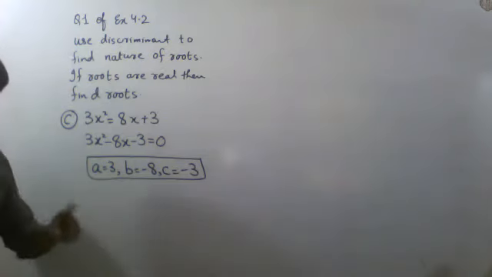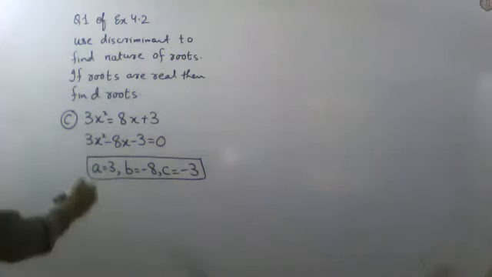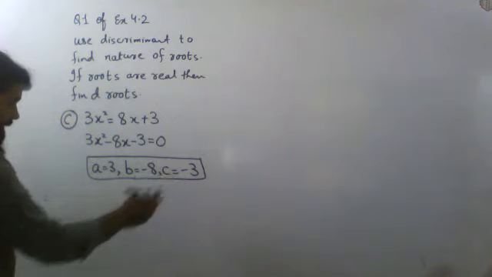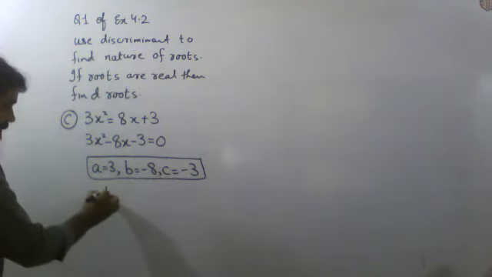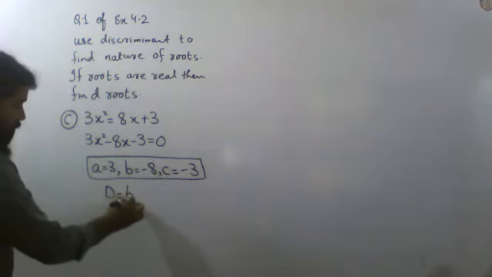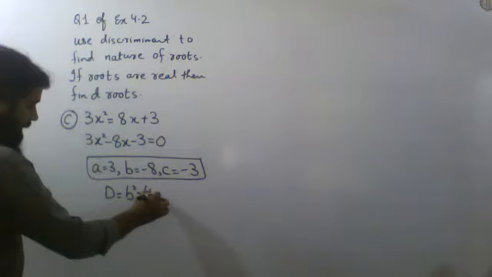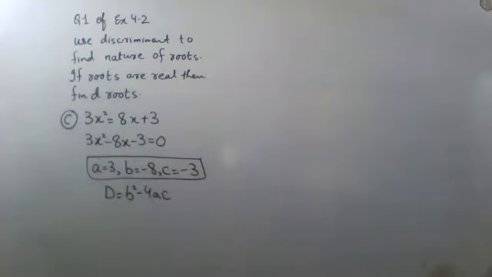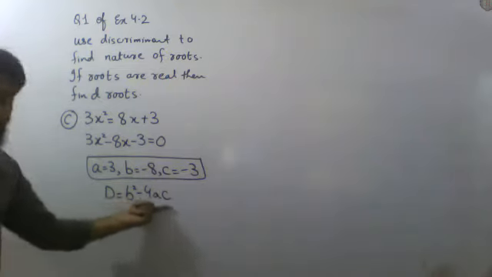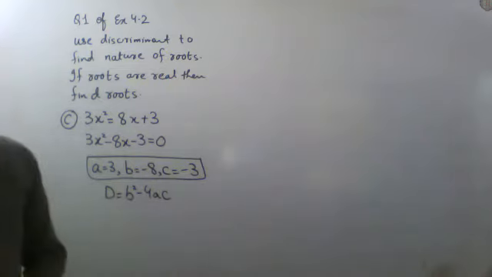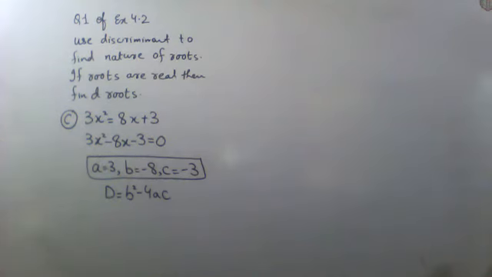After that, in the next step, what I have told you, once you have got the value of a, b and c, put it in b square minus 4ac. This is called your discriminant. B square minus 4ac.